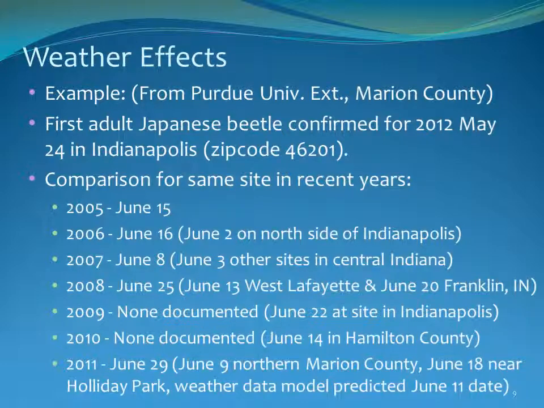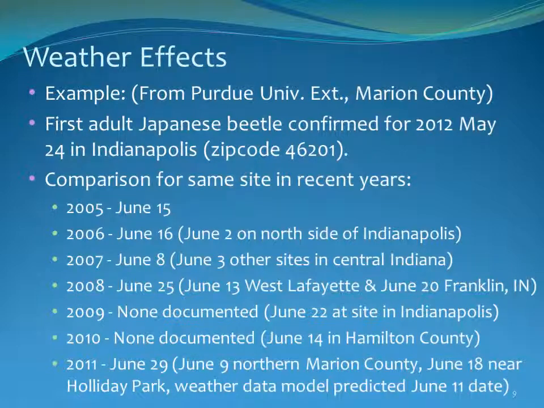Here's some examples from last year, being such an unusual year, where you can see the effect of degree days on Japanese beetle development because they showed up at a different time than normally would have been expected. This data is from Purdue University, and they had confirmed Japanese beetles for the first sighting on May 24th in Indianapolis.